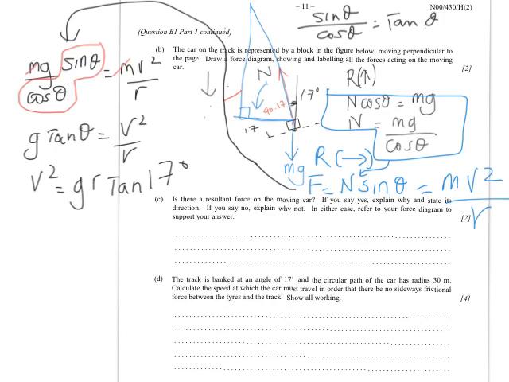If we use the old value, because this is an old paper, it's 10 times 30 times tan 17 degrees. This was back in the days where you could use 10, now you would have to use 9.81, so you'll get a slightly different answer. But anyway, you would get v squared, and you end up with v is approximately 9.86, factoring in the difference here. So you should get something very similar.